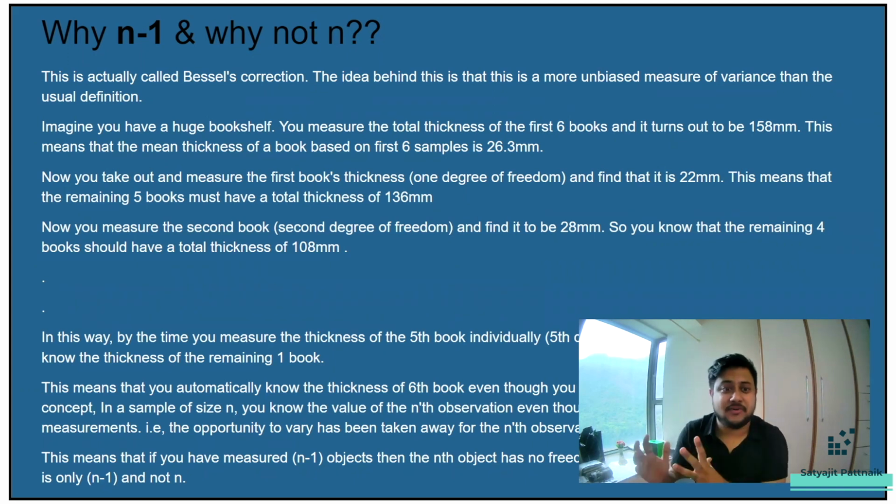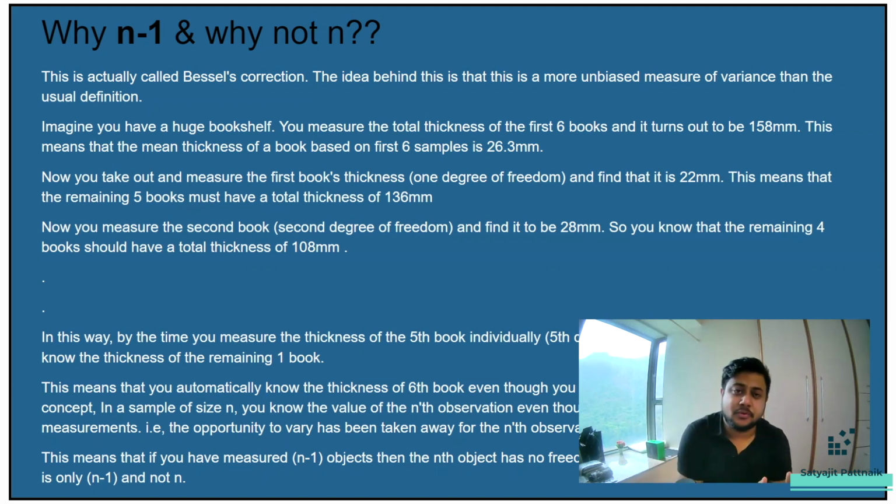This means the remaining 5 have a total thickness of 158 minus 22, which is 136. Now you measure the second book, the second degree of freedom, and you find that it's 28 millimeters. So you know that the remaining 4 books should have a total thickness of 108 millimeters, right? In a similar fashion, you take the third book, the fourth book, the fifth book.